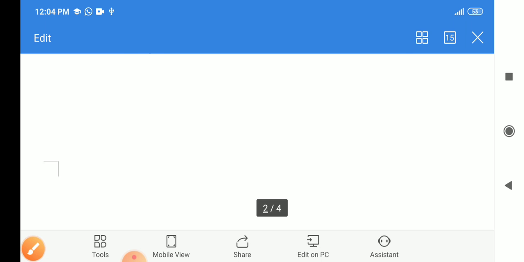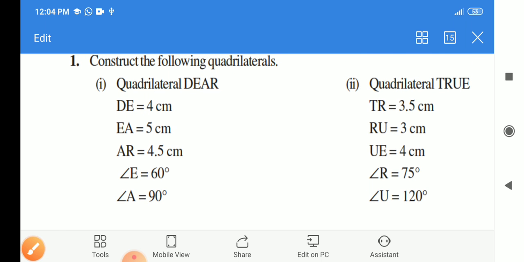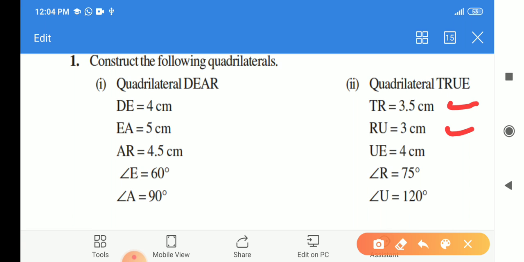Now I am taking the second question of your textbook exercise. The second part is to make a quadrilateral TRUE in which TR is equal to 3.5 centimeter, RU 3 centimeter, UE 4 centimeter, angle R 75 and angle U 120 degree.